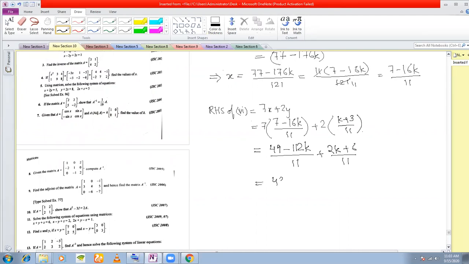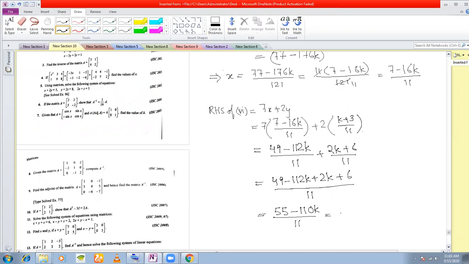So this becomes 49 minus 112k plus 2k plus 6 by 11. So 49 plus 6 is 55, and 112 minus 2 is 110k, by 11.